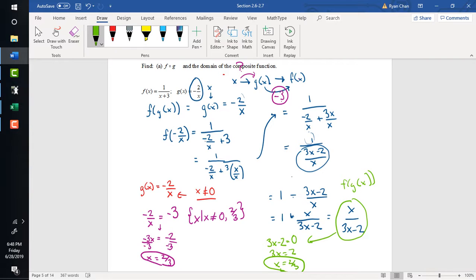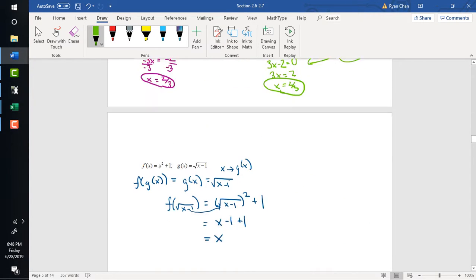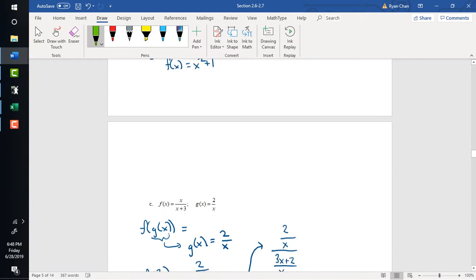As you can see, there are pros and cons for each one. If you don't feel like doing your composites, the one in purple is the one you do. But a lot of people like the green one because it's just easier to set up. Same thing like the one inside, set the bottom equal to 0, and that's the one that doesn't exist. Let me show you two more examples.